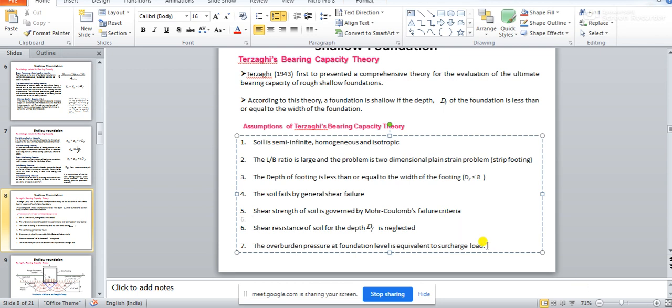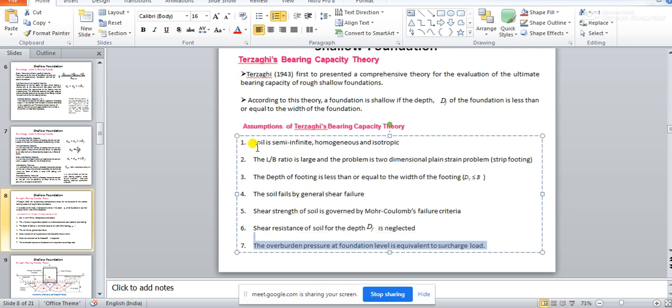And finally, the last assumption by Terzaghi is that the overburden pressure at foundation level is equivalent to the surcharge load. This is nothing but the assumption of total load which is coming because of the soil weight, which is your overburden pressure.